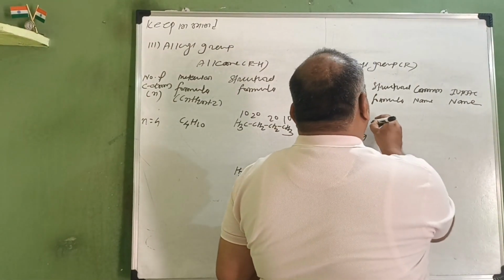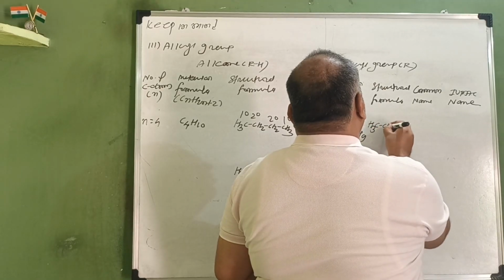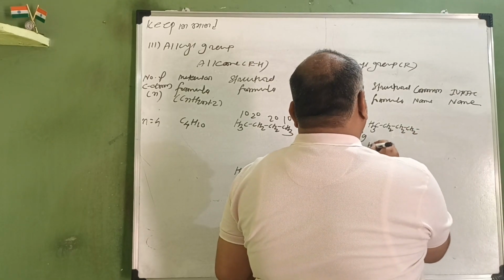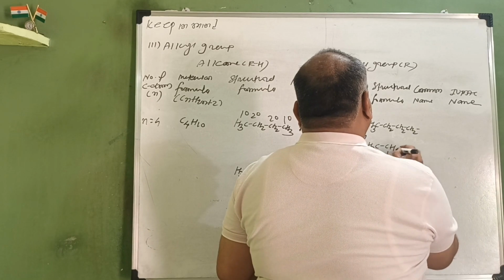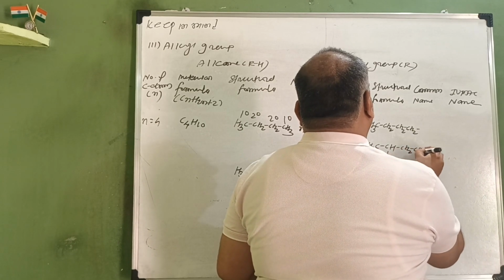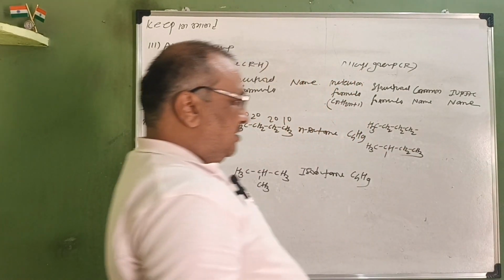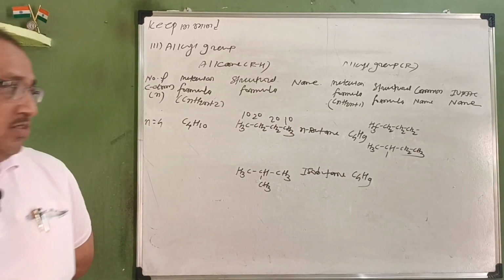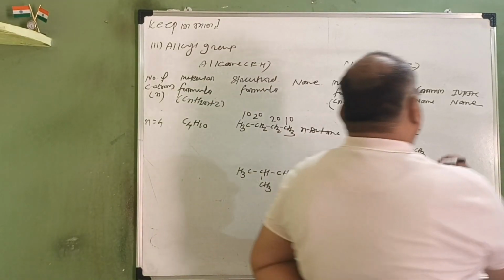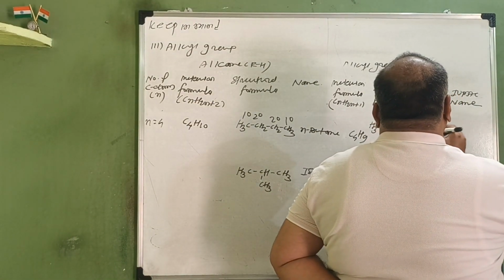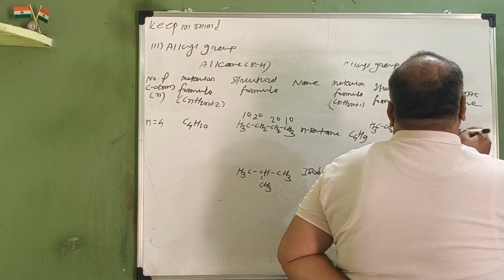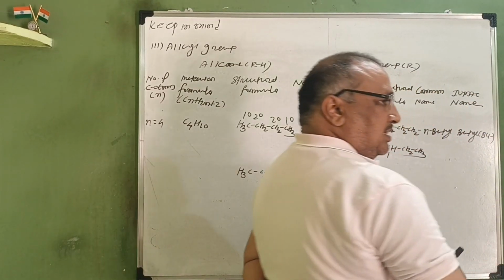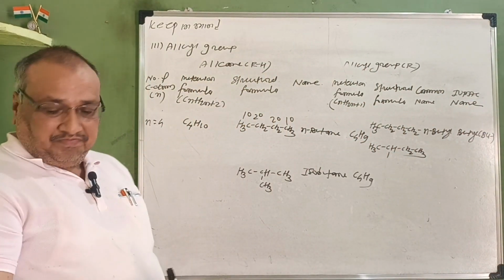That means it forms two alkyl groups like this. That means here the name is n-butyl. Its IUPAC name is butyl. That is Bu.